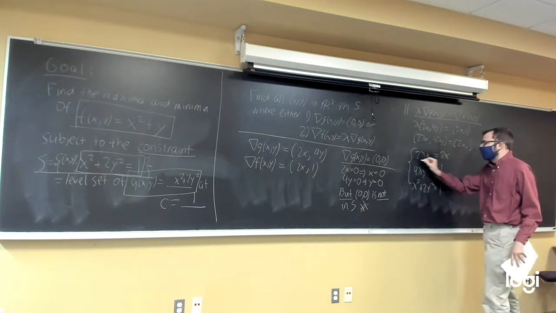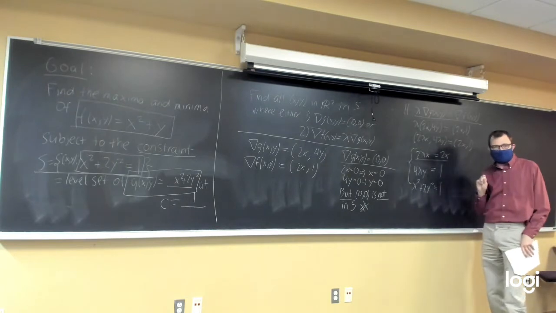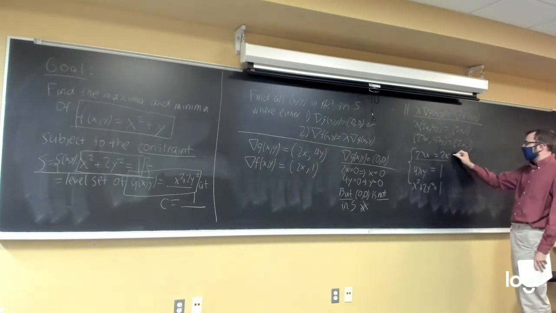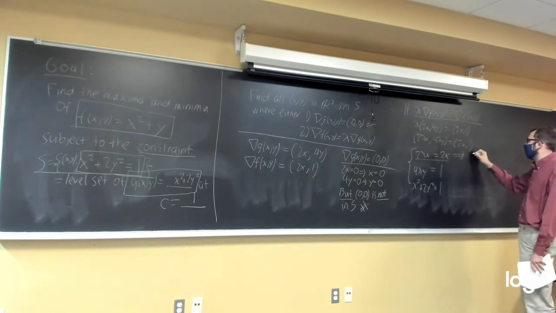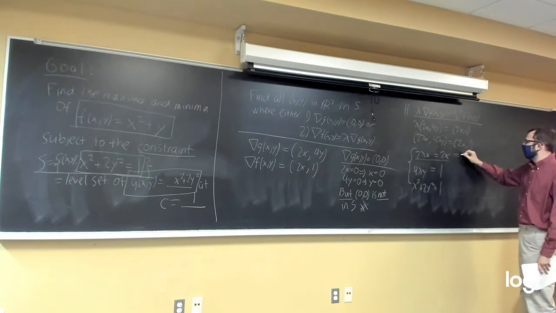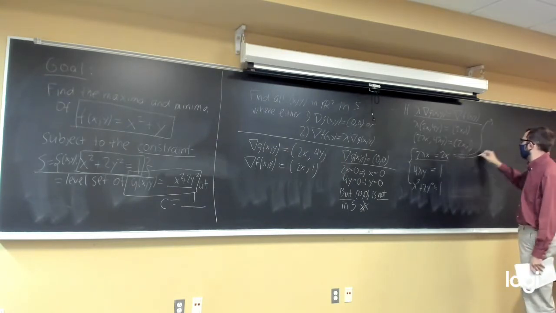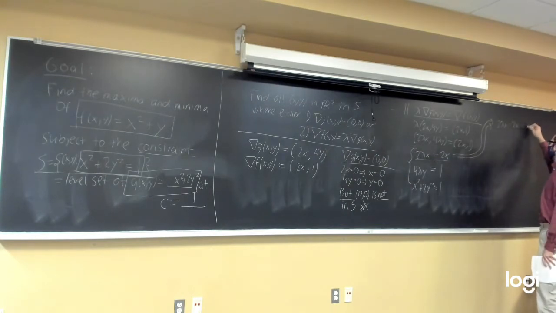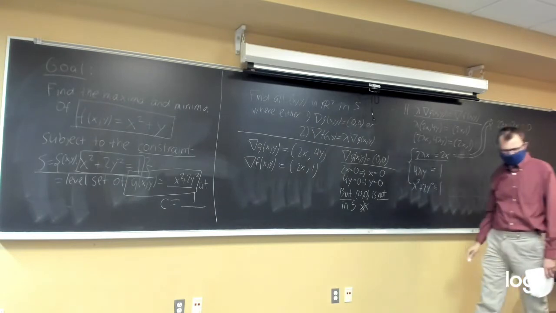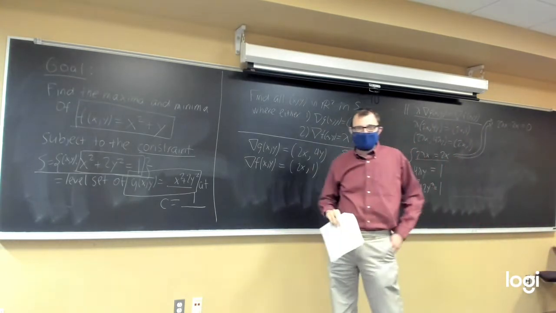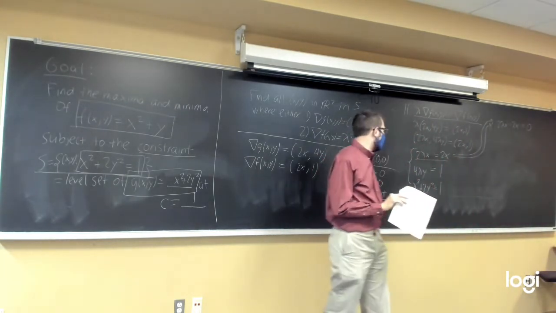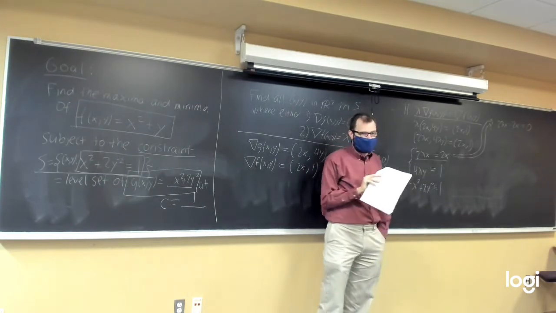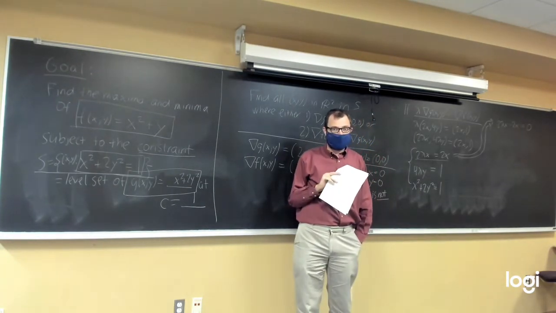Well, right away, I'm looking at this top equation. I think that looks pretty nice. If this equation is true, it's going to tell us that 2 lambda x minus 2x is equal to 0. Jared, how can we solve this equation for lambda over x?